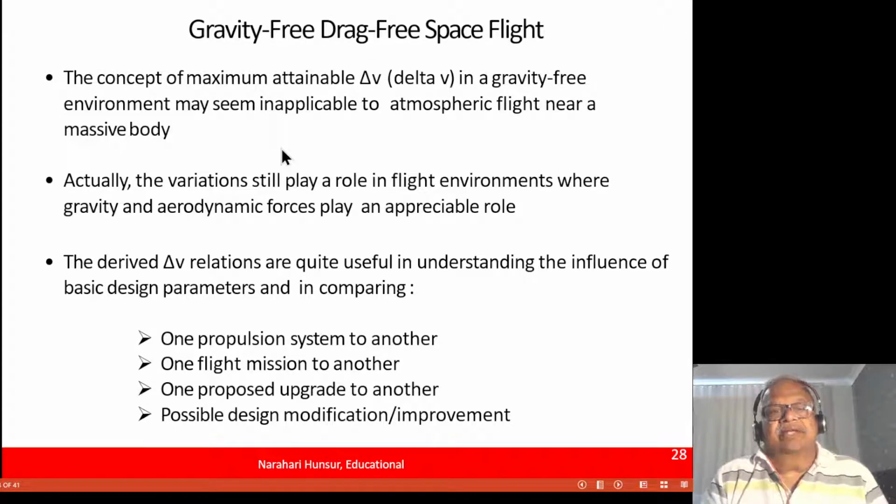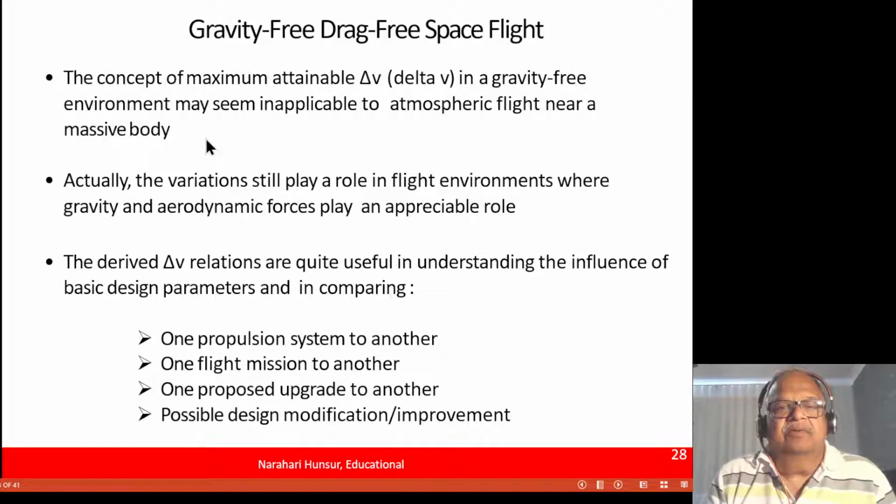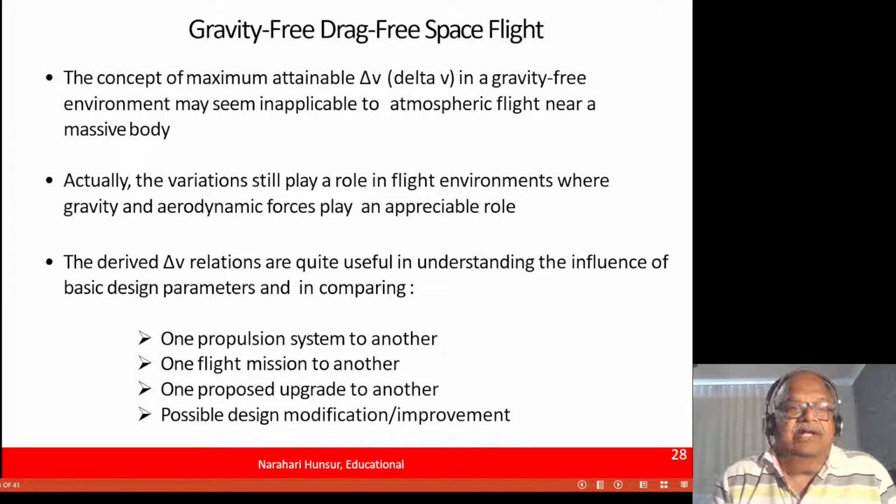The concept of maximum attainable delta V in a gravity-free environment may seem naive or inapplicable, because gravity is there, the atmosphere is there. What about the drag and the gravity? Actually, these variations still play a role in flight environments where gravity and aerodynamic forces have to be taken into account.